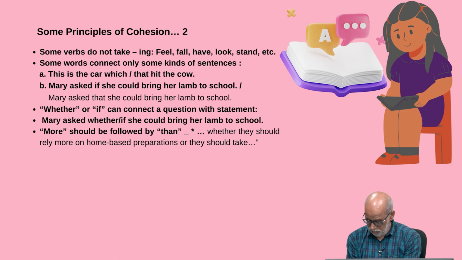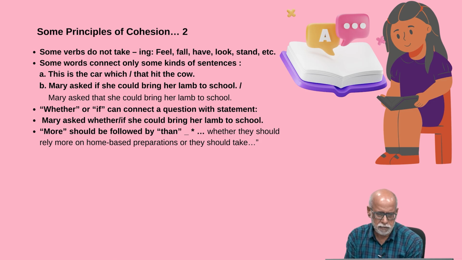Clara feels happy is okay, but you cannot say Clara is feeling happy, or Clara is standing, or Clara is falling. In only one sense you can use ing with fall: when you are next to a tree and the tree is being cut, and as the tree falls you record it on your video camera, you can say, look, I have recorded falling tree.